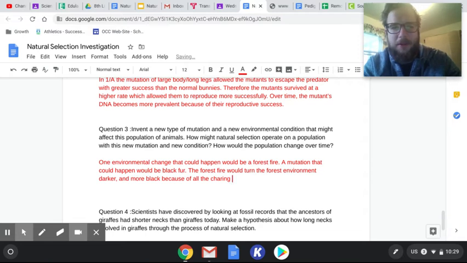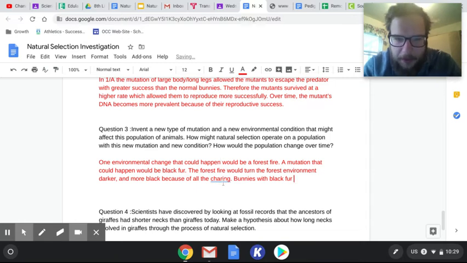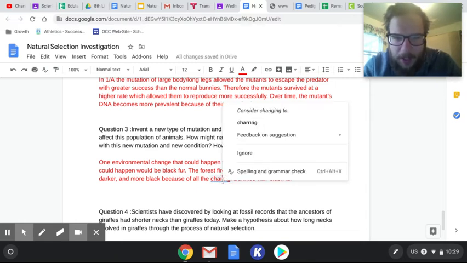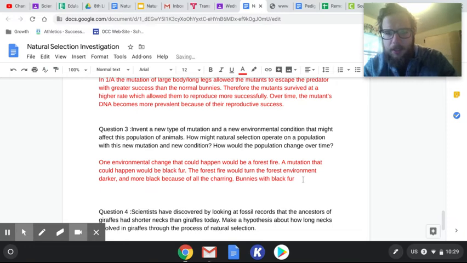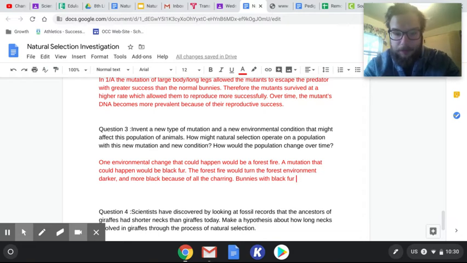I think that's charring. You know what I mean? Everything's burning, so it's going to be turning black. Bunnies with black fur. No, that's apparently not how you spell charring. 2 R's, I'm going to guess. Yeah. Bunnies with black fur, are they going to be doing better or worse than bunnies with brown fur?